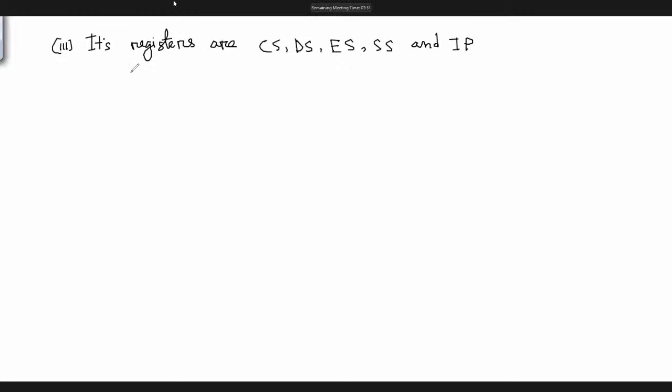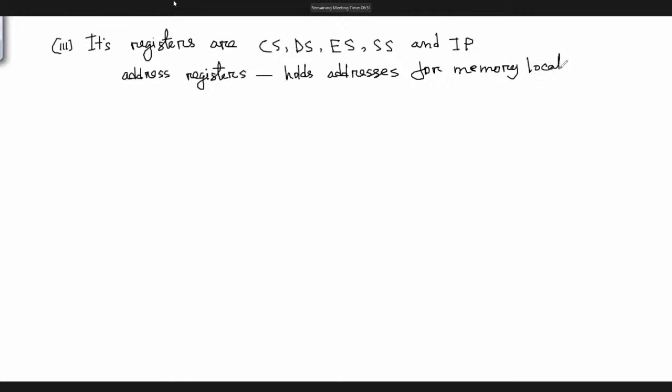Address registers hold addresses for memory location.